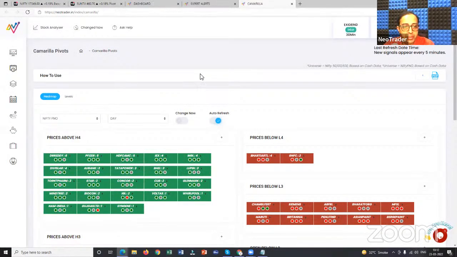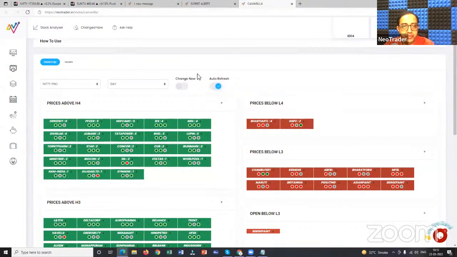So you are seeing here this is the Camarilla page, and on this page the pages are continuously refreshing. Here there is continuous refresh, and on this page you will see prices moving above H4 and prices moving below L4.